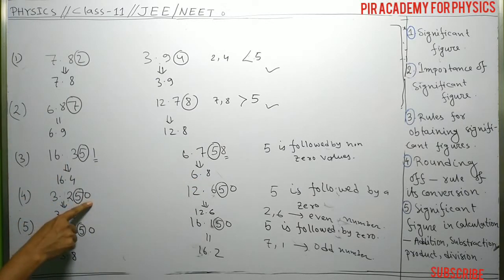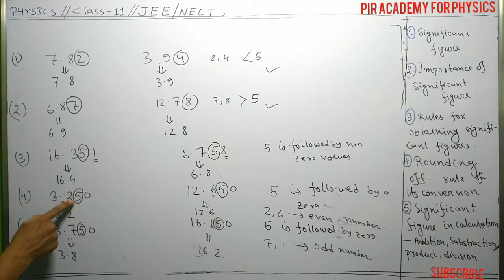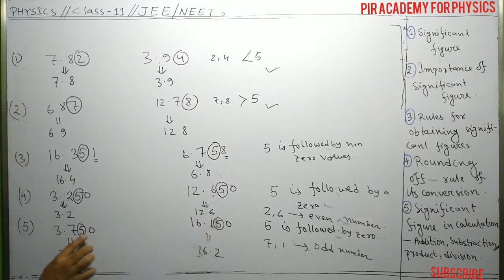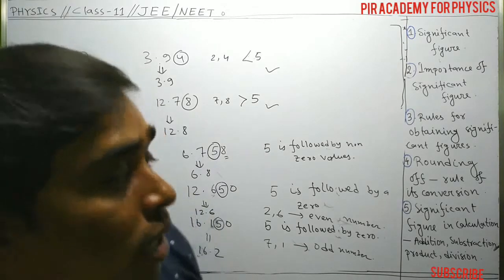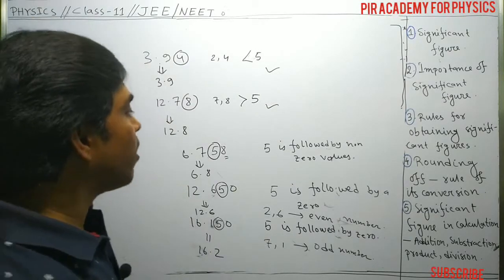If the 5 is followed by 0, then there are 2 rules. If the preceding number is even, it will be unchanged. If the preceding number is odd, it will be increased by 1. This is the rule of rounding off.